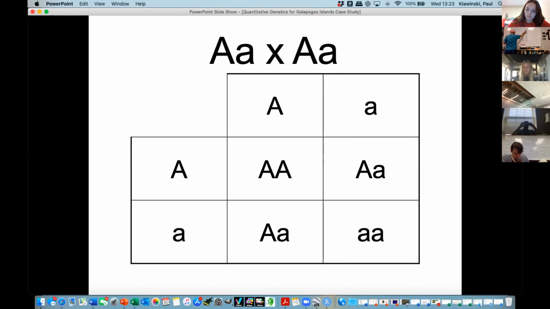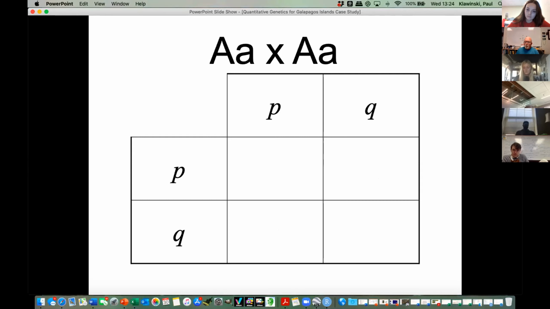So if we replace this Punnett square with the allele frequencies instead, we can figure out, well, what's the frequency of the homozygous dominant?